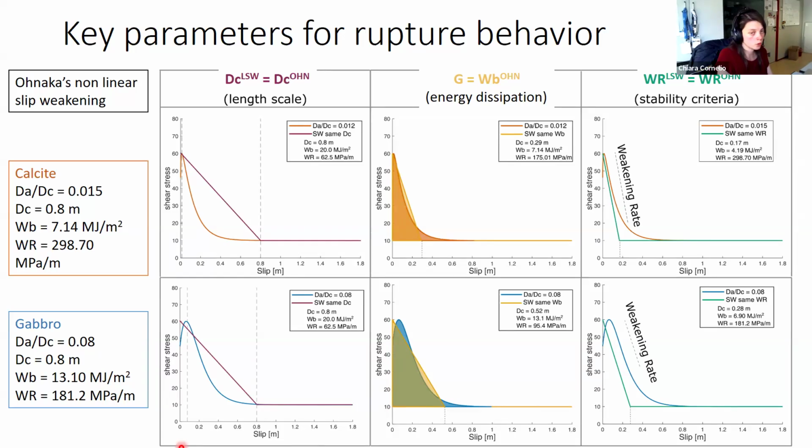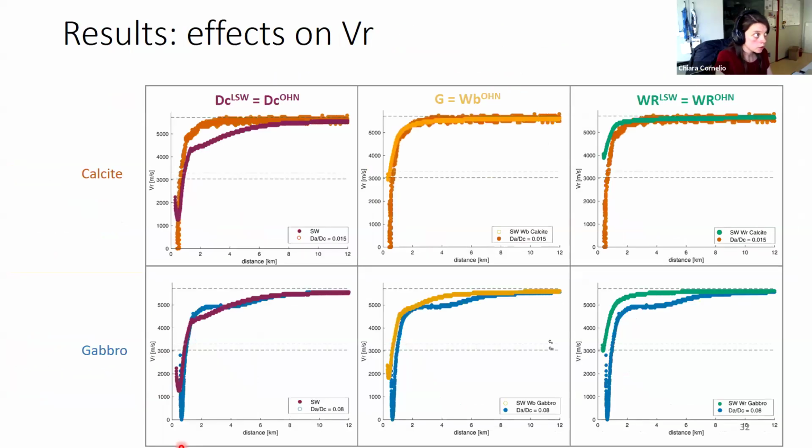And we focused on three main features of the rupture propagation. First of all, we look at the effects on the rupture velocity. What we can see is that if we keep the dC distance constant between the Ohnaka friction law and the linear slip weakening one, we are underestimating the rupture velocity.